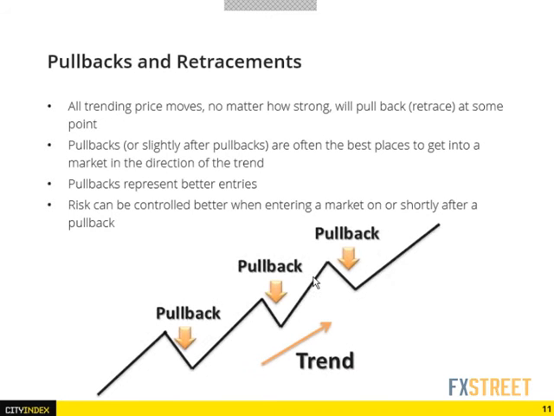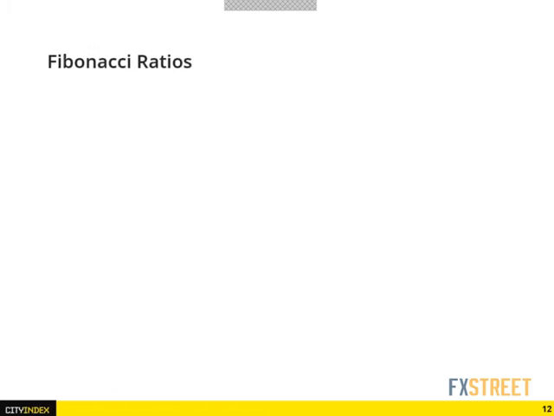Risk also can be controlled better when entering on a pullback. So again, this is the art of the pullback. We're not looking for runaway markets. A lot of traders make that mistake of getting into runaway markets, and they find they're stuck in a bad position. Yes, we do want to follow the trend, but we want to wait for a pullback.